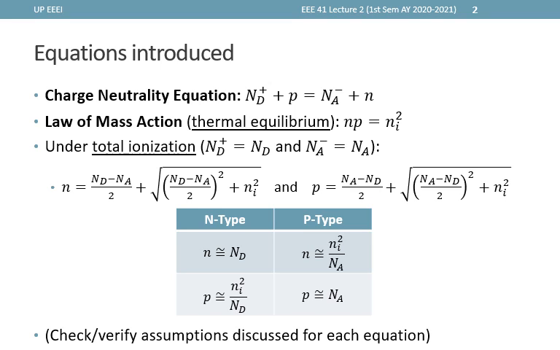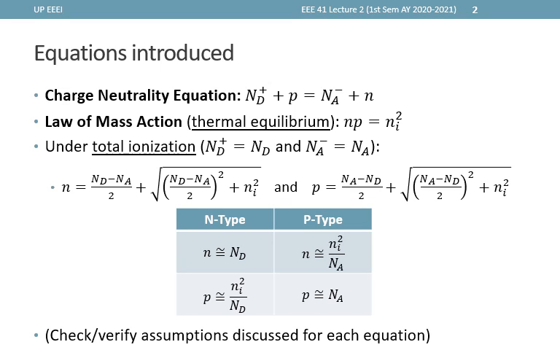So we have this general form of the charge neutrality equation, which is true for our semiconductors. The ones on the left, Nd plus and p, are the positive charges in the semiconductor, while Na minus and n on the right are the negative charges.